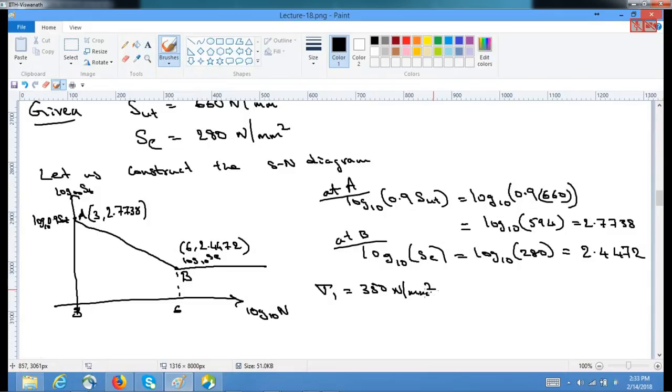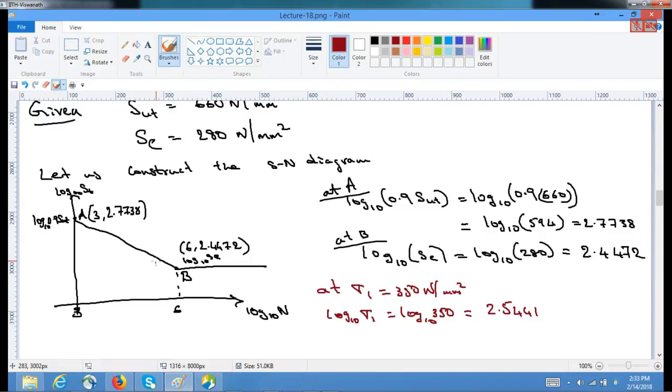So at sigma 1 equals 350 Newton per mm square, log 10 sigma 1 is equal to log 10 of 350, which is 2.5441.